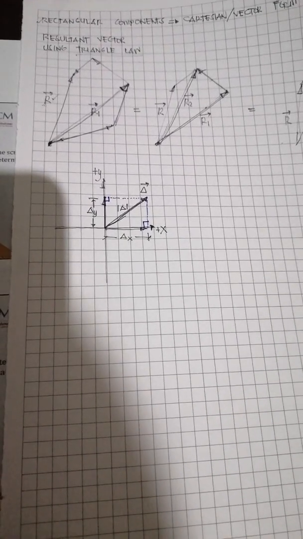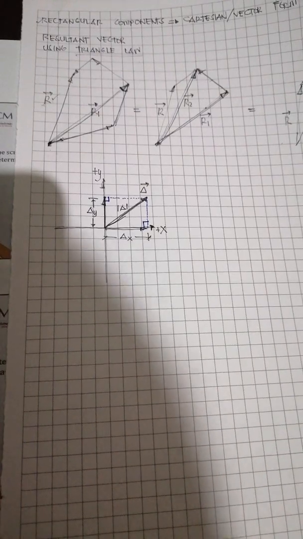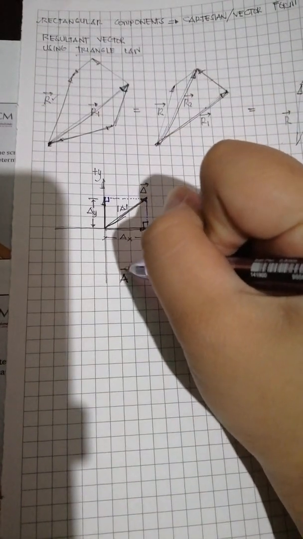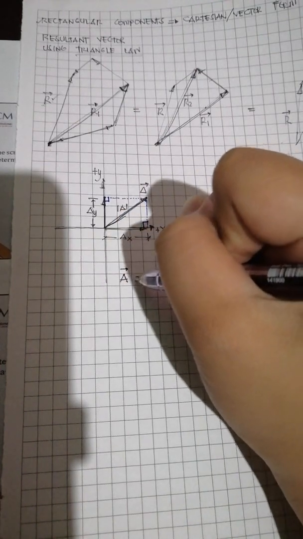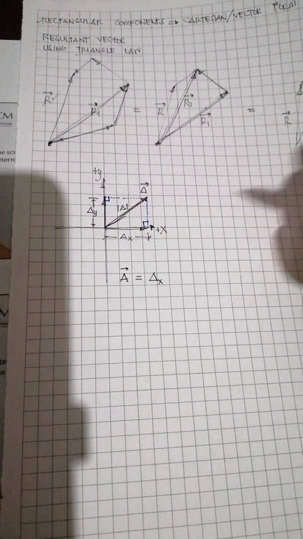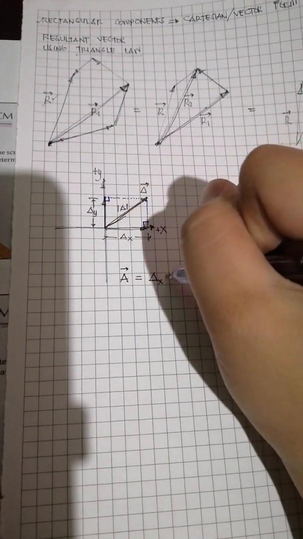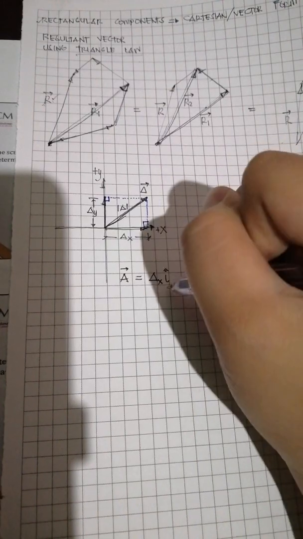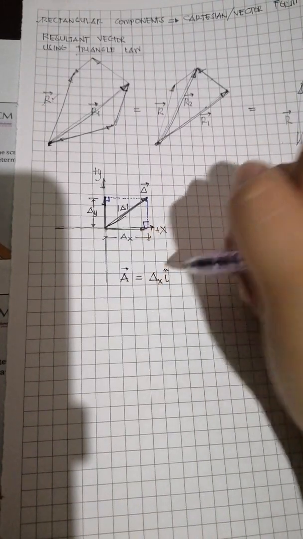So when you say Cartesian form or vector form of a vector, so you have vector A, it's now equal to its x component or magnitude of its x component, ax, you multiply it to the unit vector i hat. So i hat only has a value of 1.